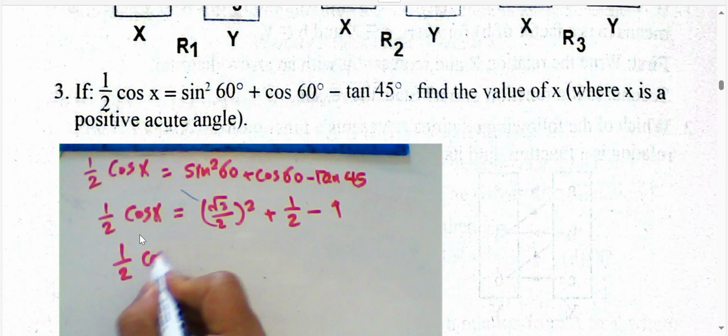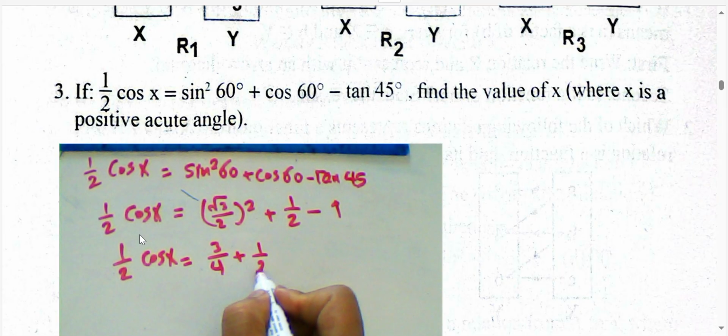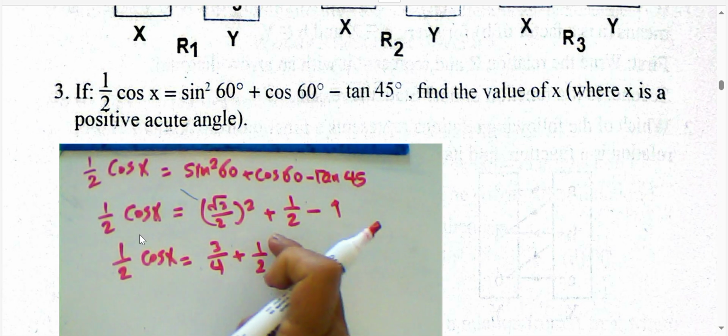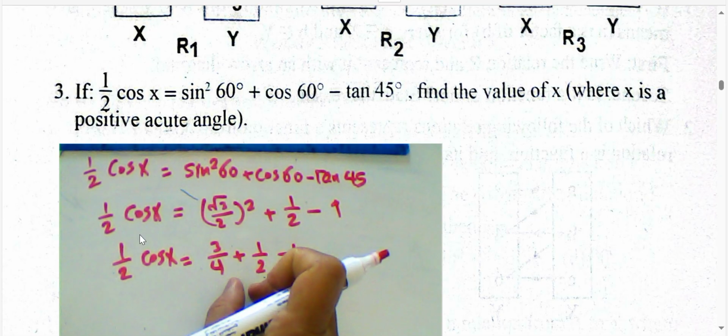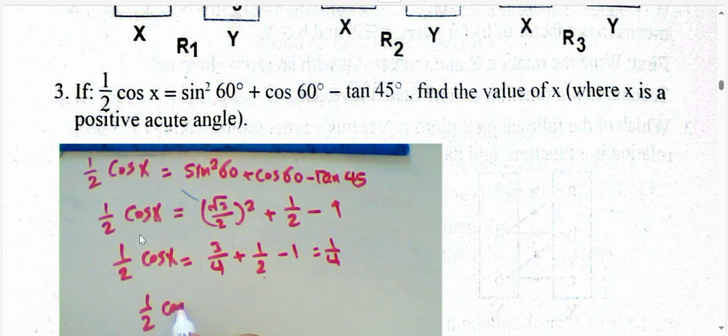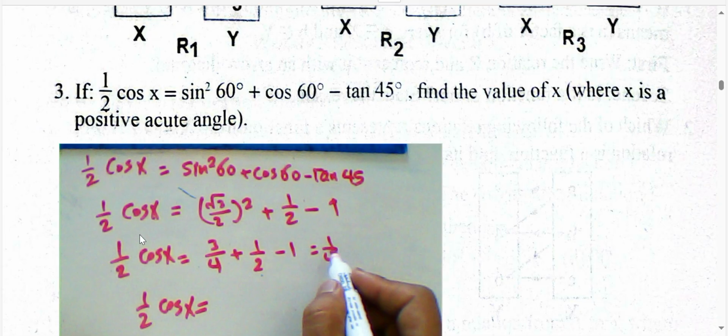Then we can write half cosine x equals 3 over 4 plus half minus 1 over 4. 3 over 4 plus half, half means 2 over 4. Then we have 5 over 4 minus 1, it will be a fourth. Then half cosine x equals a fourth.